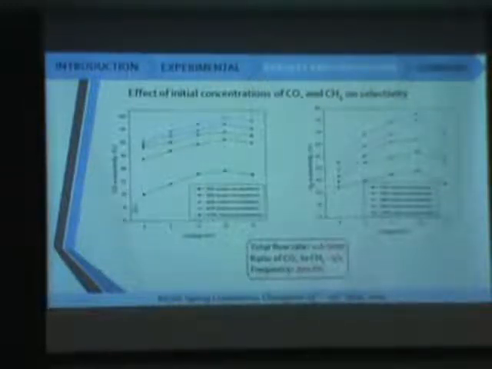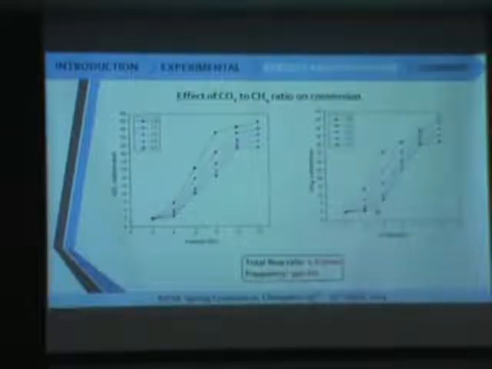So that's why a high nitrogen concentration gives high conversion. And for the selectivity of CO, you can see it has a maximum at 80%, and for hydrogen, the maximum is at 60%. In another case, we look at the effect of the ratio of carbon dioxide and CH4.